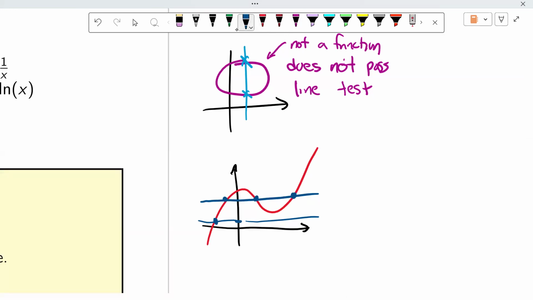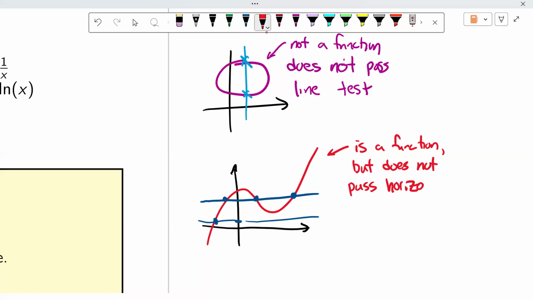Now, this is still a plot of a function. This is a function, but it does not pass the horizontal line test. So we can see that it is a function, no doubt about it, but it does not pass the horizontal line test.